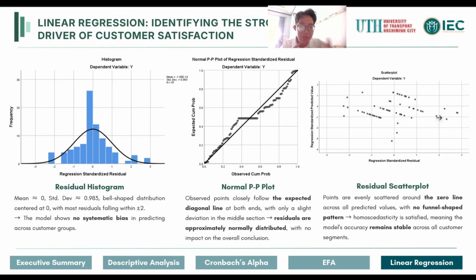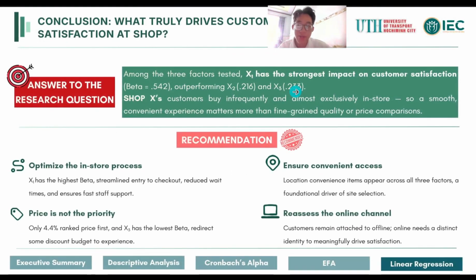So I can use the results from the coefficient table, and all of them lead to the conclusion that among the three factors we have tested, X1 has the strongest impact on customer satisfaction, with the highest beta, outperforming X2 and X3. The customers infrequently buy and mostly want to buy in the shop.